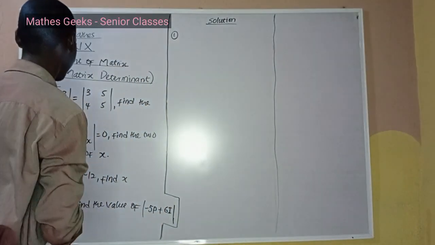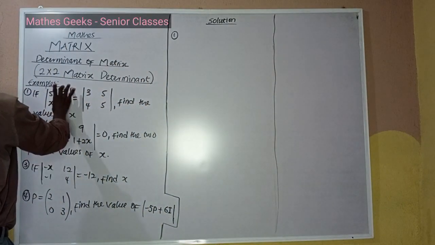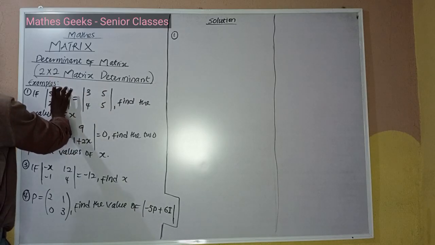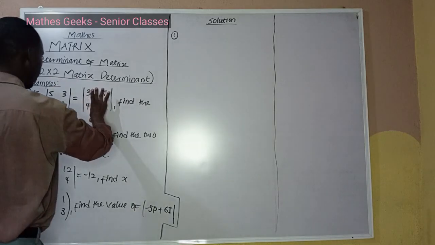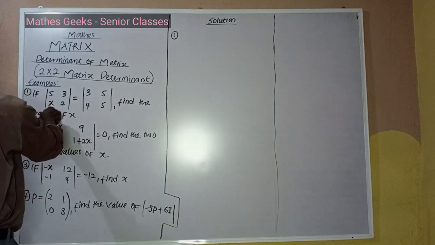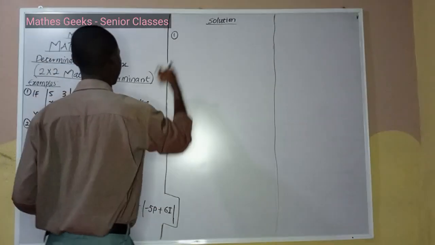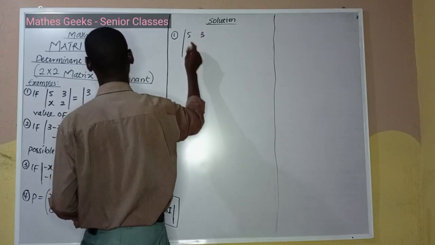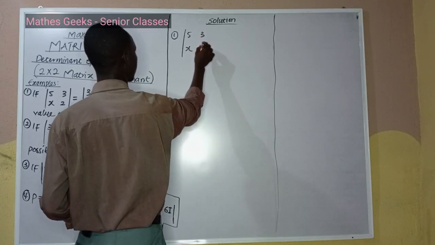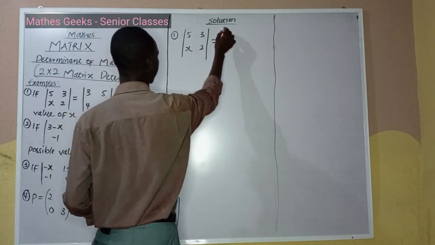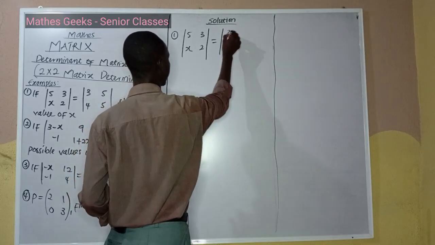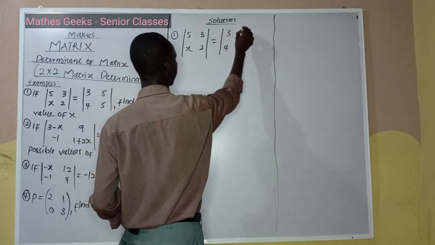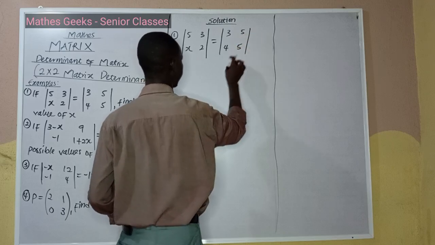If this matrix is equal to this, what it means is that the determinant of this matrix is equal to the determinant of this matrix, find the value of x, which is what we have here. 5, 3, x, 2, equal to 3, 4, 5, 5.